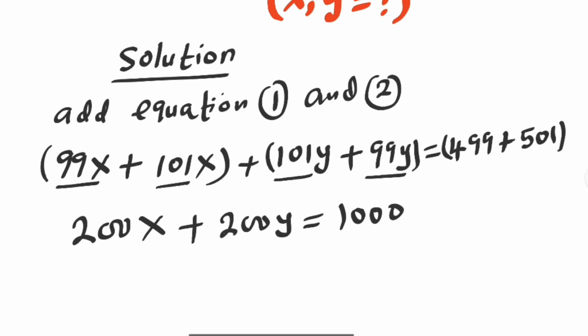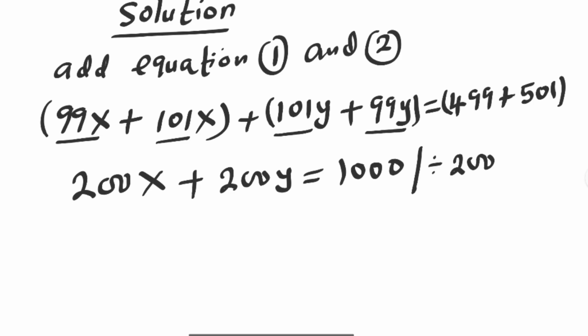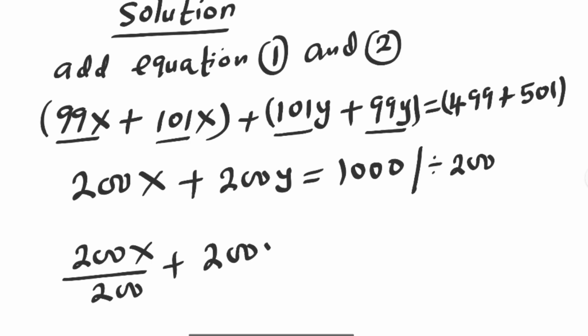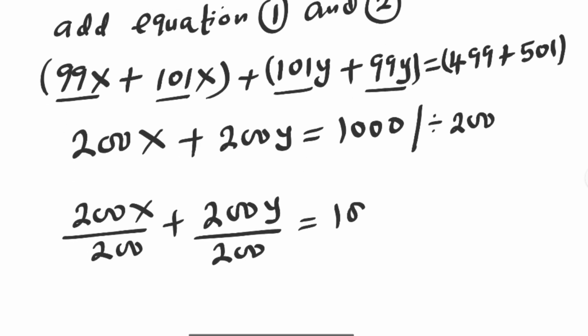Then as you can see, let us divide the whole of this equation by 200. So this is 200x divided by 200 plus 200y divided by 200 is equal to 1000 divided by 200.